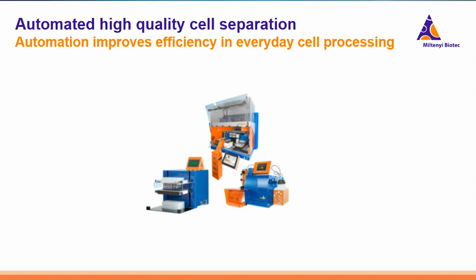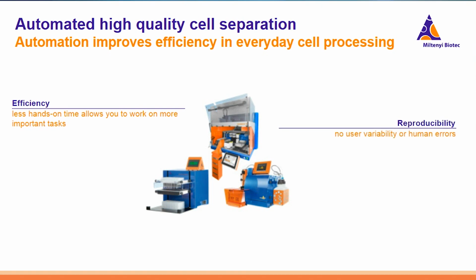But now I want to show you how automation improves the efficiency in everyday cell processing, because less hands-on time allows you to work on more important tasks in the lab and also in the office. By the way, the reproducibility is also increased because no user variability and no human errors occur during a run over the full process time.